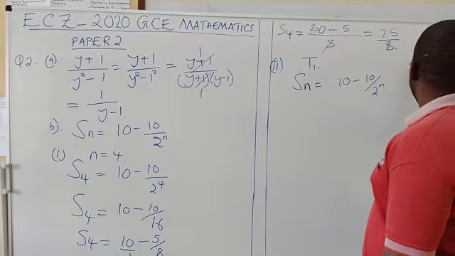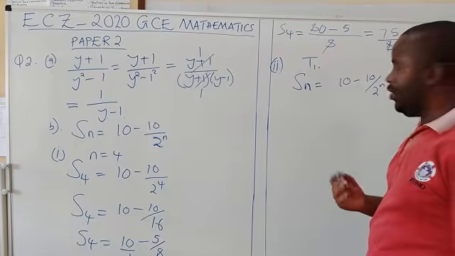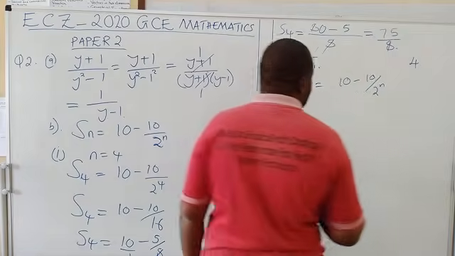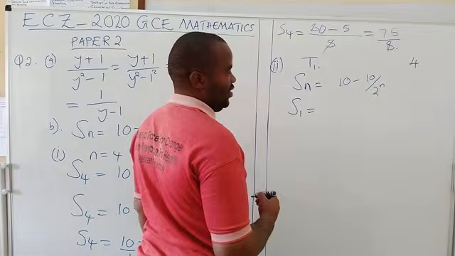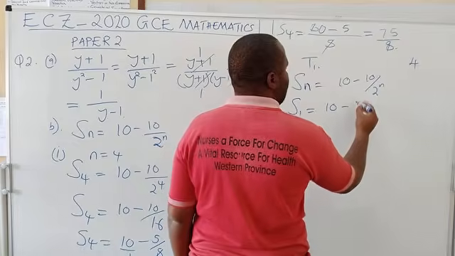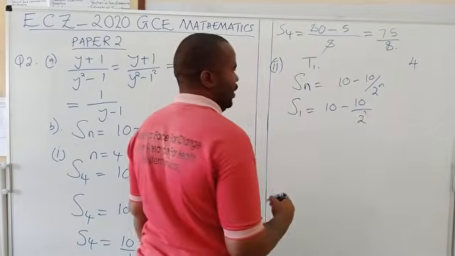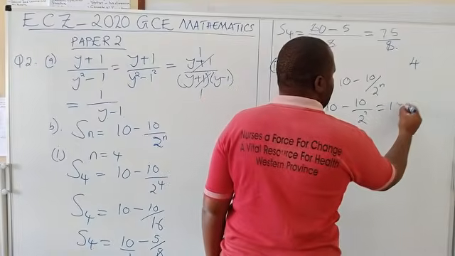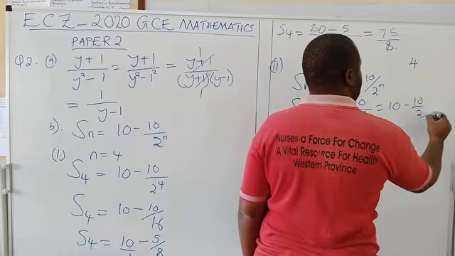What is the sum of the first 1 terms? We say 10 minus 10 over 2 to the power 1, which is 10 minus 10 over 2.